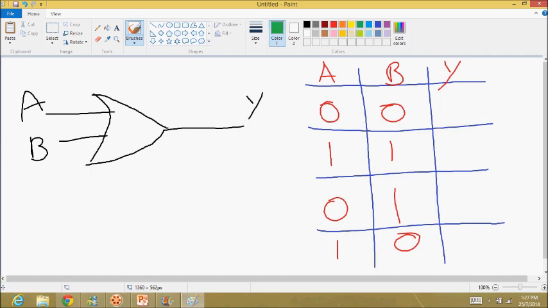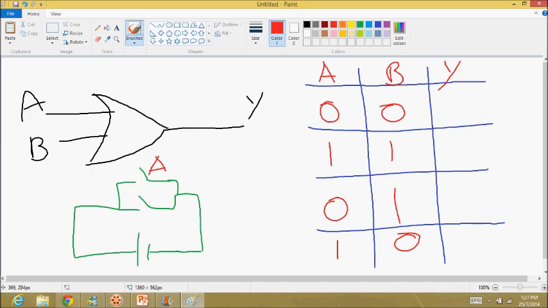So let's just represent this circuit physically to make it easy to understand. So it's two switches in parallel, remember now. So a closed circuit there we have.